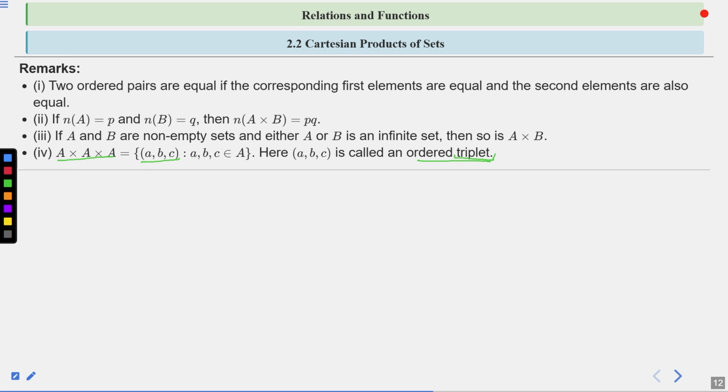Previously, how many elements did we have in our pair? Simply 2 elements, so we used pair. Clear? So by definition, a belongs to set A, b also belongs to this set, and c also belongs to this set. So a, b, c is simply an ordered triplet. The same goes here: if you change the order, you change the triplet. Clear?